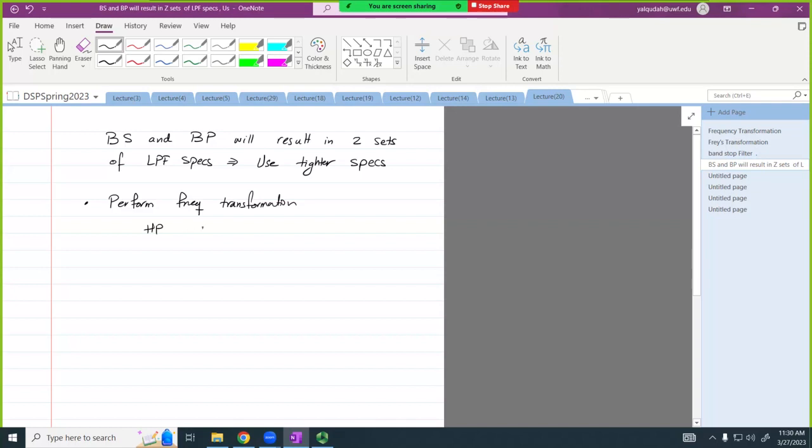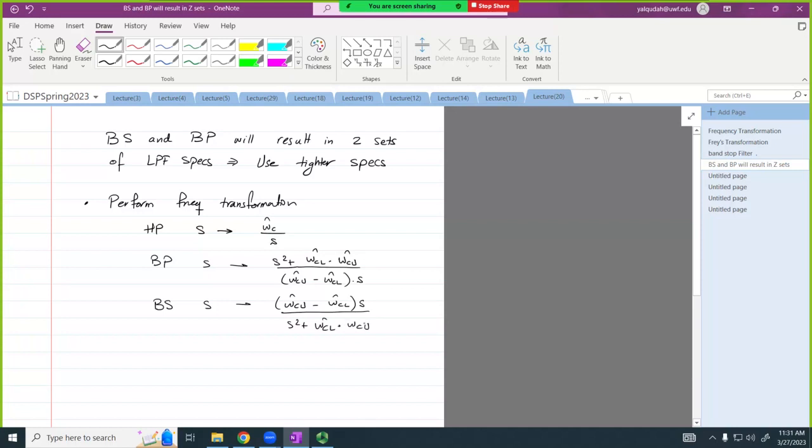If it is a high-pass filter, we're going to replace S with omega C hat divided by S. If it is a bandpass filter, we're going to replace S with S squared plus omega C lower hat multiplied by omega C upper hat, divided by omega C upper hat minus omega C lower hat multiplied by S. And if it is a band stop filter, we're going to replace S with omega C upper hat minus omega C lower hat multiplied by S, divided by S squared plus omega C lower hat multiplied by omega C upper hat.